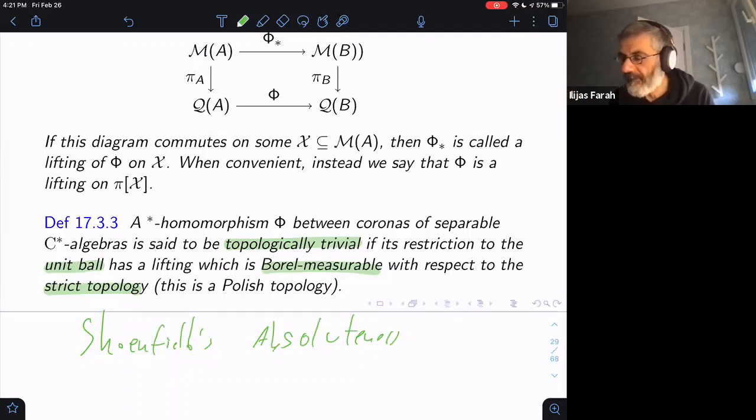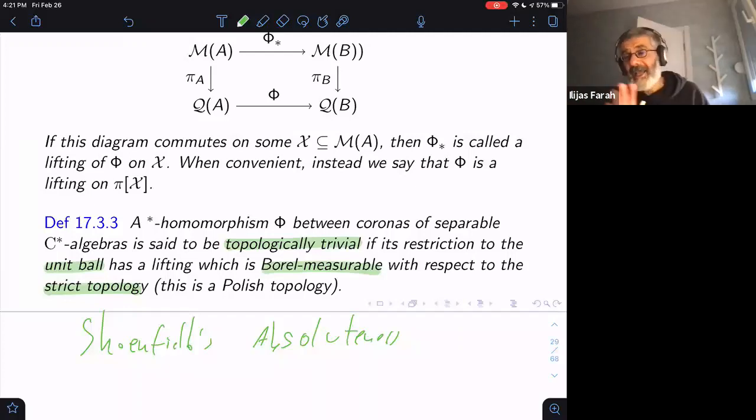If you write a Borel function between unit balls of two separable C-star algebras, and say that this function is a lifting of a star isomorphism, you can say it in a certain form that Schoenfield's absoluteness theorem applies to.